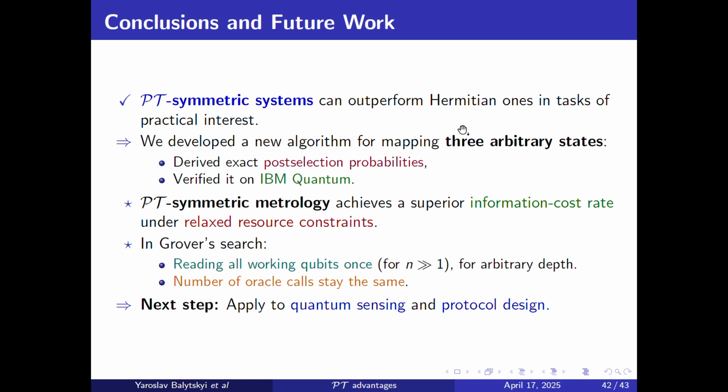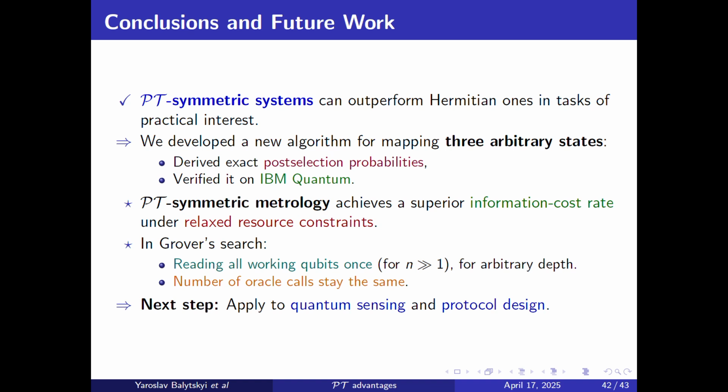Okay, so conclusions. I think the main point of our paper is that PT-symmetric systems not only exhibit some interesting behavior or unusual properties, but also they can be advantageous over Hermitian systems on tasks of practical interest.